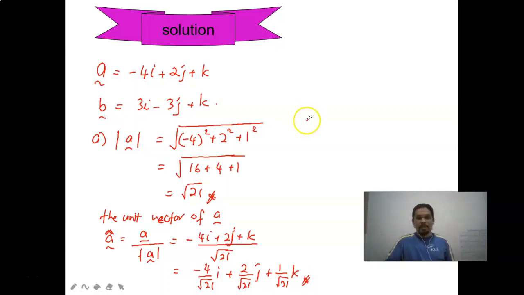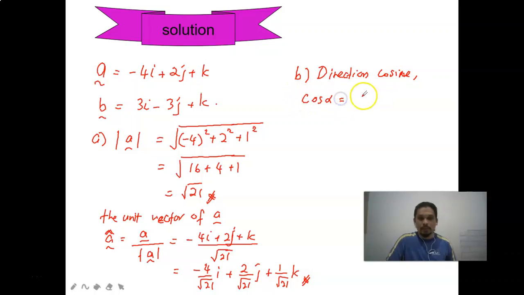Okay. Then for question B, please refer to the lecture notes: the direction cosine and direction angle of vector A. So the direction cosine of vector A, which is cos alpha, equals negative 4 divided by the square root of 21.